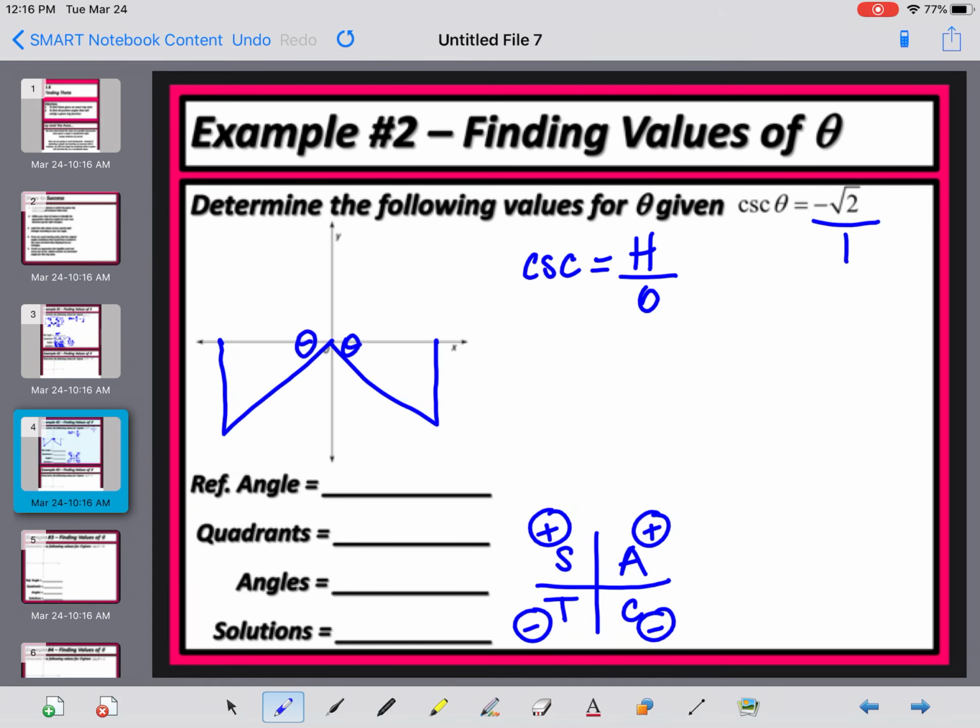Okay, and then we want to label the sides of our triangle given this negative root 2 over 1. So I'm going to relate hypotenuse over opposite to negative root 2 over 1. Now, the hypotenuse here can never be negative.